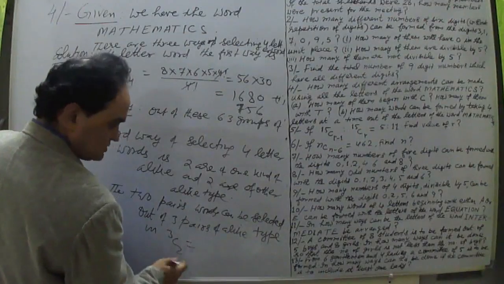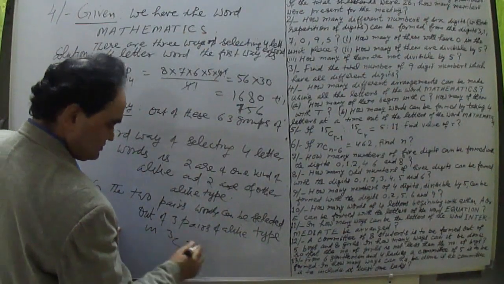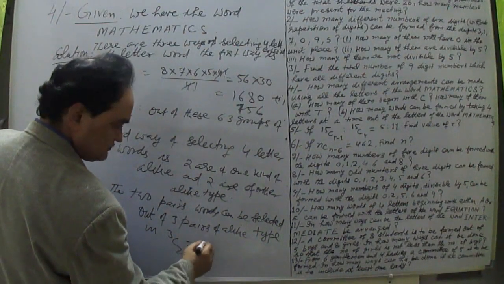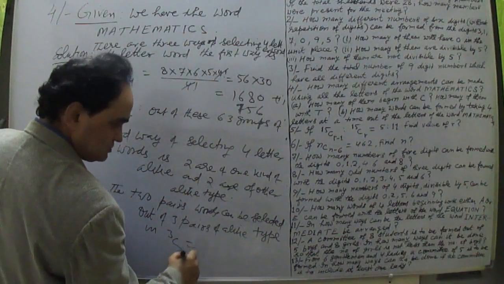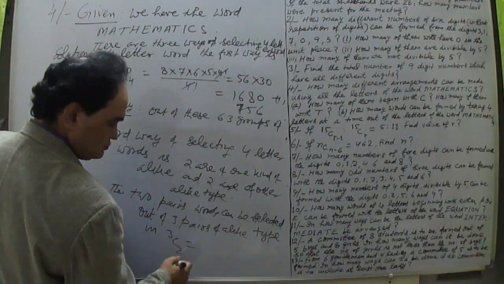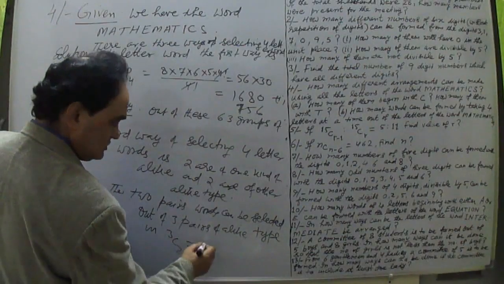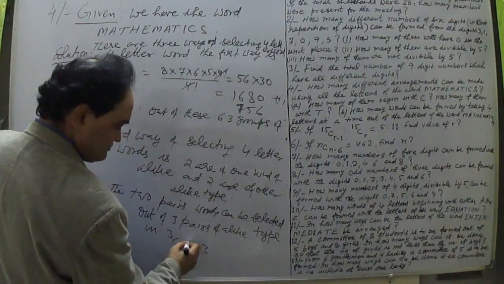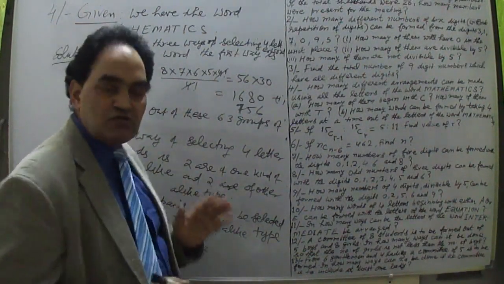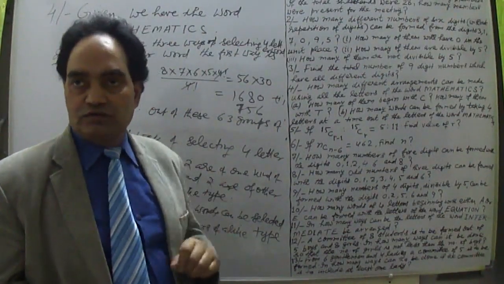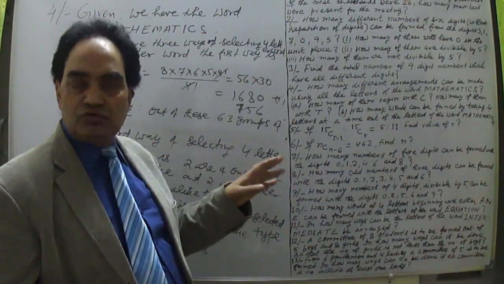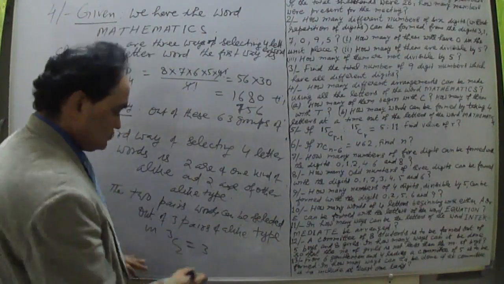Okay, so these two pairs are selected out of three pairs in three ways only. Why? Because factorial 3 upon factorial 2 into factorial 1, that means only 3 ways. This factorial 3 upon factorial 2, because factorial 1 is 1. So factorial 3 means 3 into factorial 2, 2 cancels out, 3 only ways. There are three ways here.